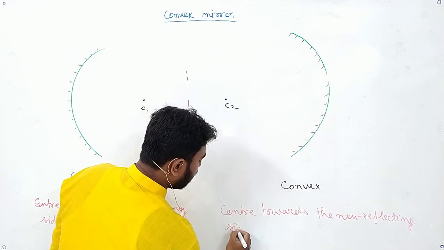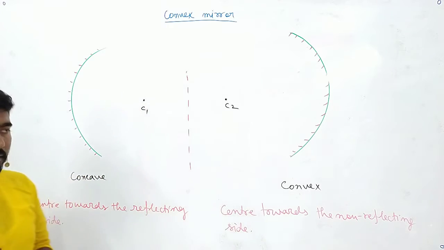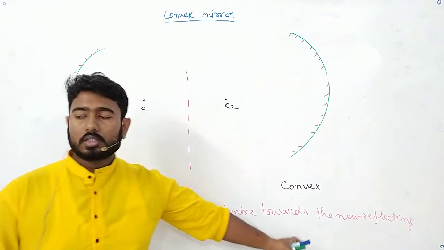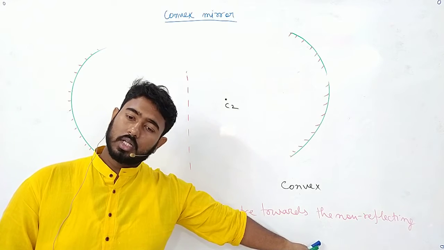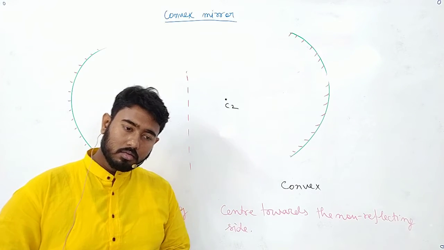Write it down. In the above case, center is towards the reflecting side, and in this case center is towards the non-reflecting side. Is that clear? Is it clear now?